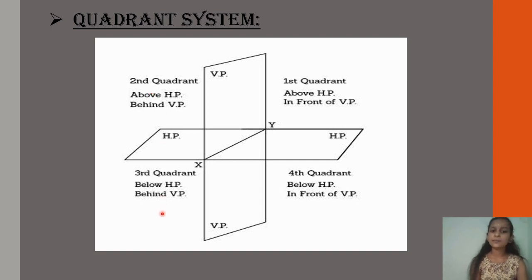Below the horizontal plane and behind the vertical plane is the condition for the third quadrant. At last, if the object is present below the horizontal plane and in front of the vertical plane, it is the condition for the fourth quadrant. We have to remember that the vertical plane is always stationary and the horizontal plane always moves at an angle of 90° in the clockwise direction.